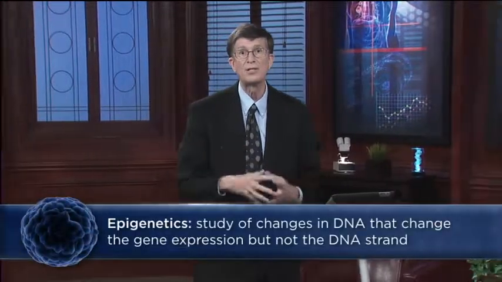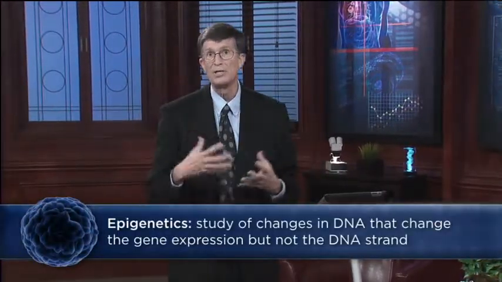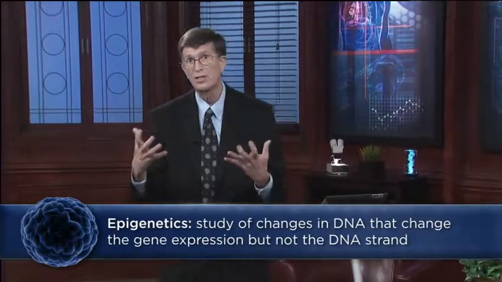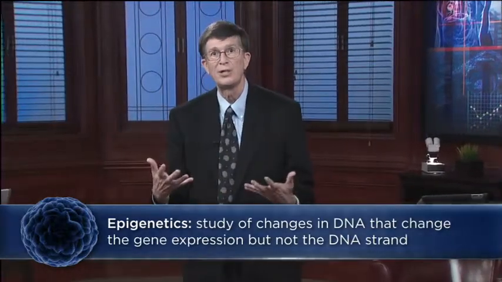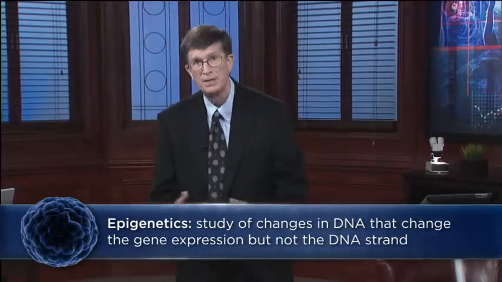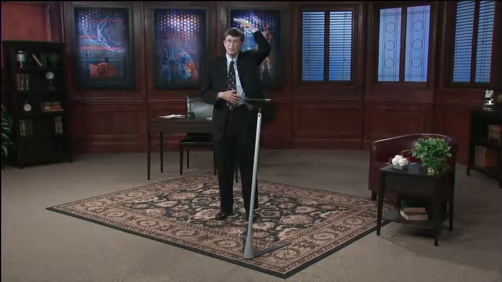Next, I want to turn to epigenetic changes in DNA. Epigenetics is possibly inherited, but it's changes in DNA that are not necessarily inherited that can contribute to cancer by changing the expression of DNA. Remember, DNA sits inside of a cell, and it's going to do nothing unless it's expressed in some way. So I have many, many genes in my body. For example, in my hair follicle, it's expressing a bunch of genes.